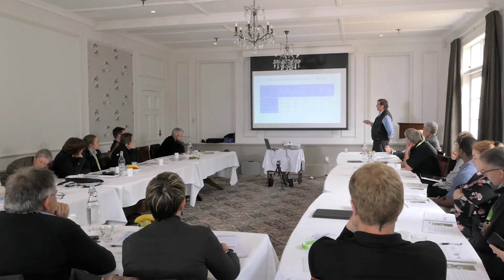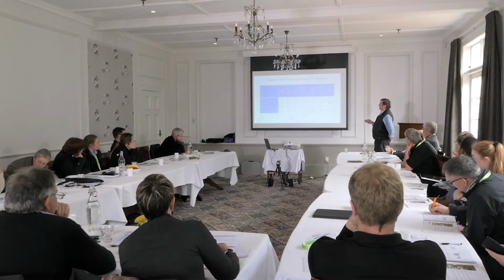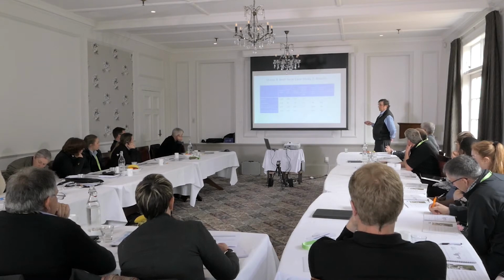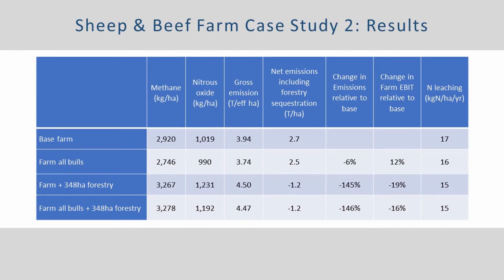We've planted all our area in forestry, but hello, our methane per hectare has actually gone up. Why is that? It comes back to that pastoral or effective area. We've taken up 348 hectares of the worst of the farm, so on the remaining 700 hectares, give or take, we've actually intensified our operation.